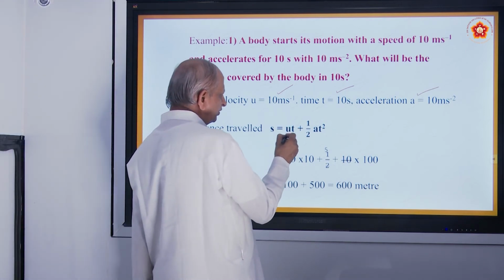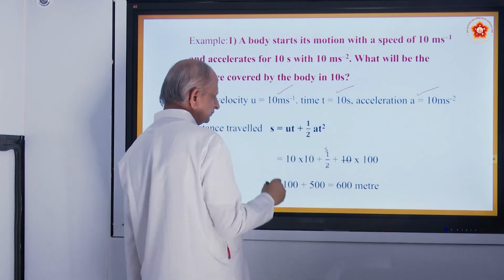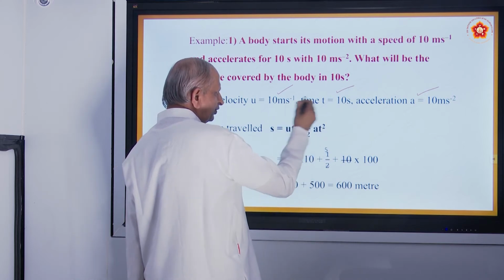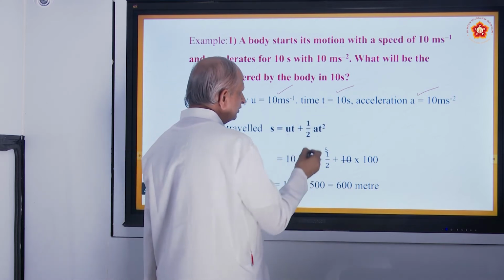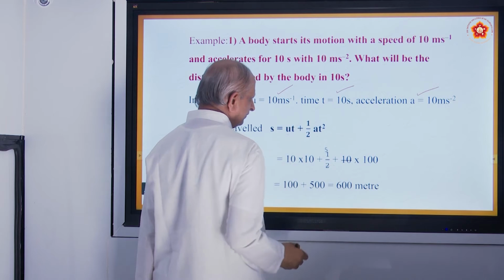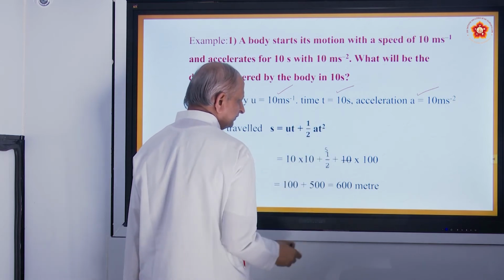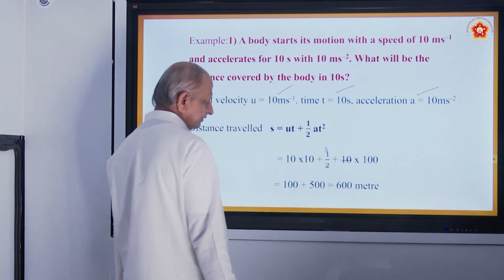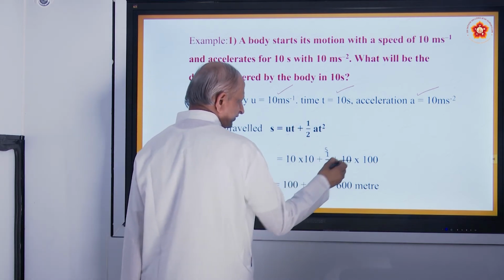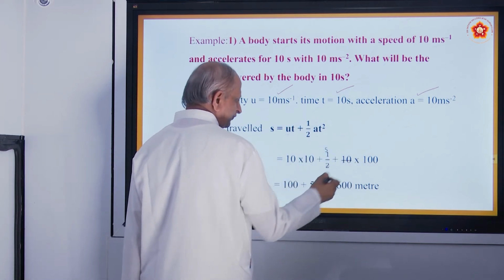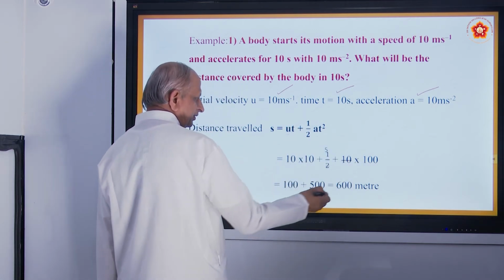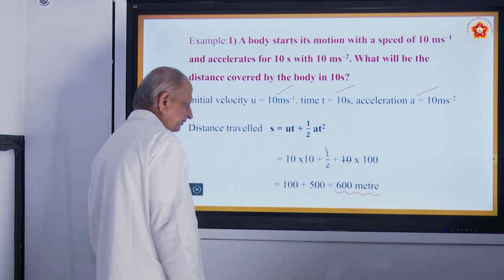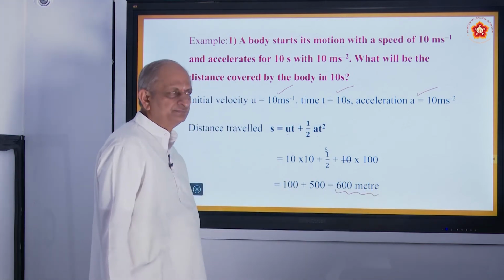So here S is equal to UT plus half AT square. U means 10, 10 into t, 10 into 10, 100, plus half into a, 10, t square, 100. So 2 fives are 10, 5 into 100 is 500 plus 100 becomes 600 meters. Is it alright? That is the distance travelled.